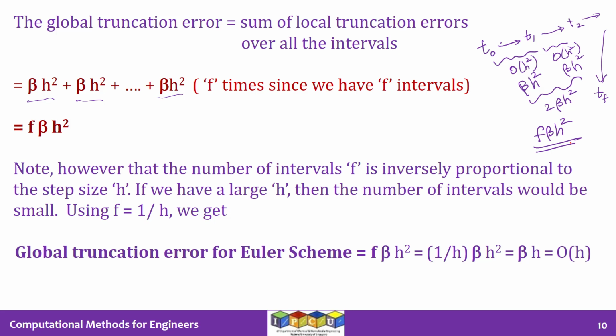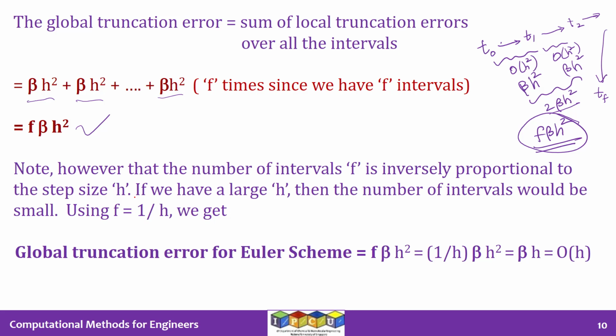I just demonstrated that in going from t0 to t2, you have 2 beta h squared as the overall error. So if you go from t0 to tf, it is going to be f beta h squared. Please note that this f is going to be inversely proportional to the step size h. That means the number of intervals from t0 to tf is going to be f.